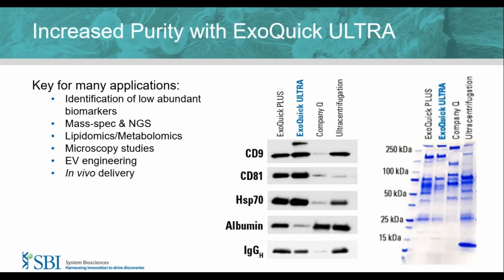The detection of these exosomal markers is highly increased compared to other commercially available kits, and also compared to ultracentrifugation, because since we are getting rid of albumin and IgGs, when you load 5 micrograms of protein in your Western blot, you're actually loading many more EVs than with other EV preps.